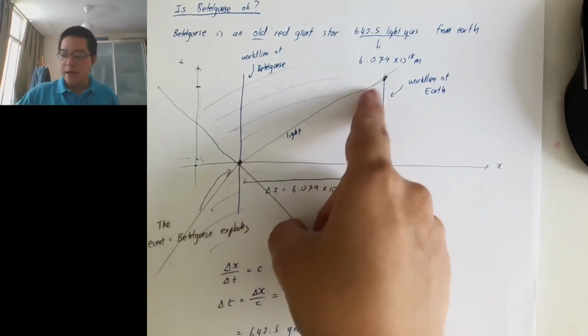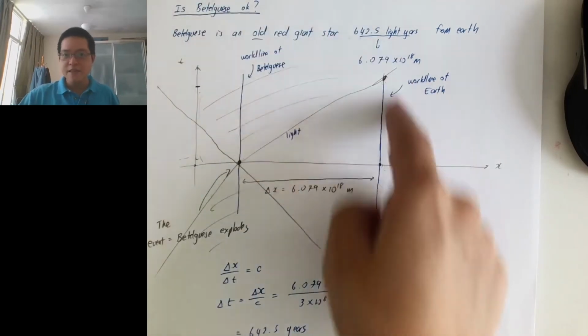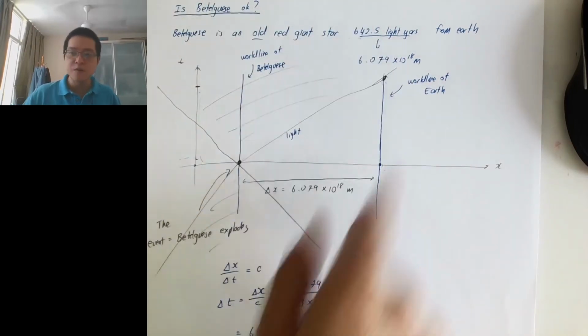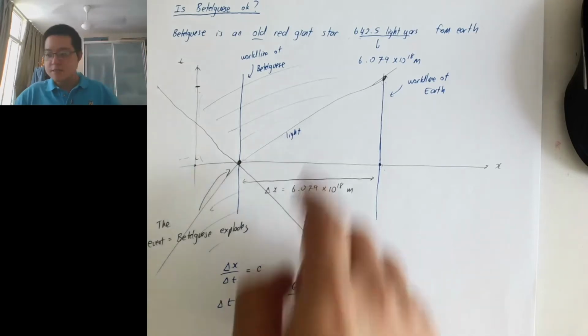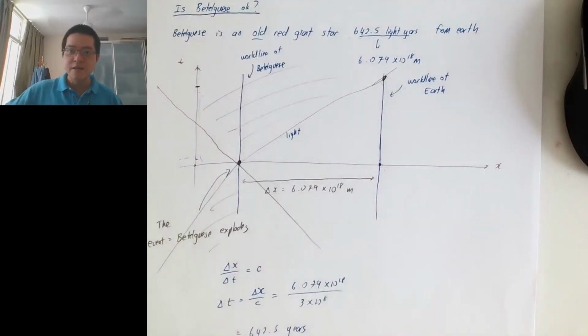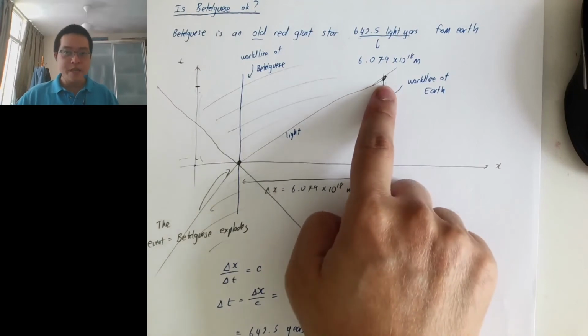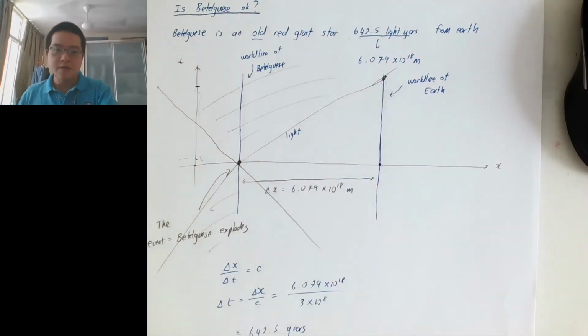So by this time, the surface area of this light emission will be very large, so the concentration of the energy, the flux, will decrease, right? But the total energy is conserved because it's everywhere in all directions. But what we measure is this part only, and that will decrease by the area.